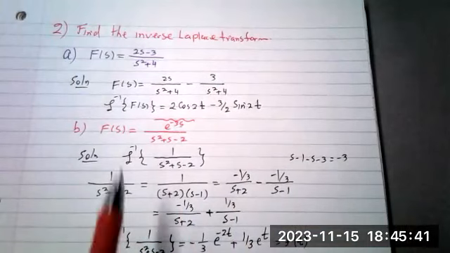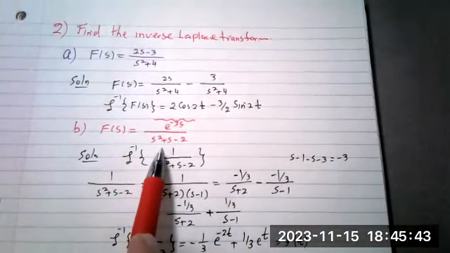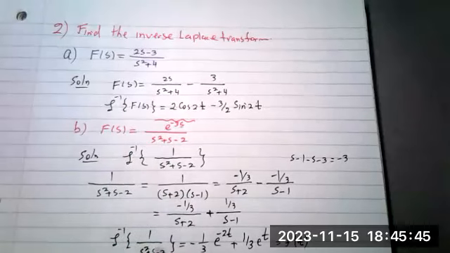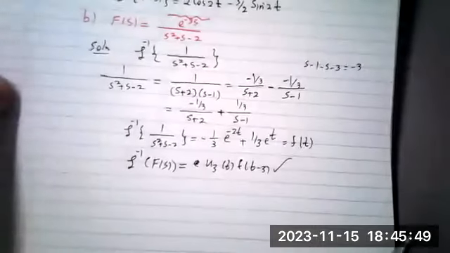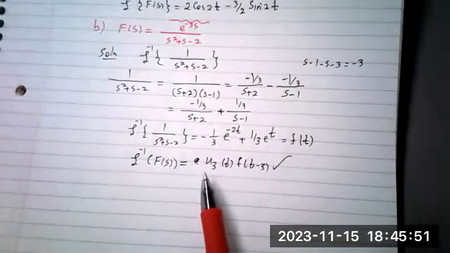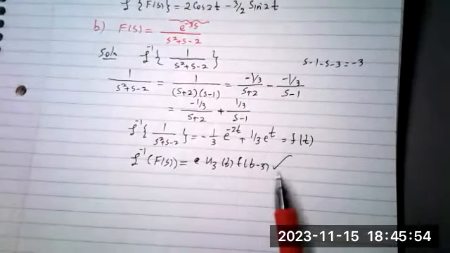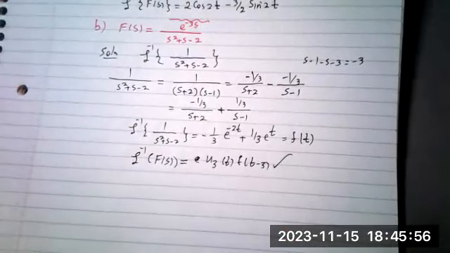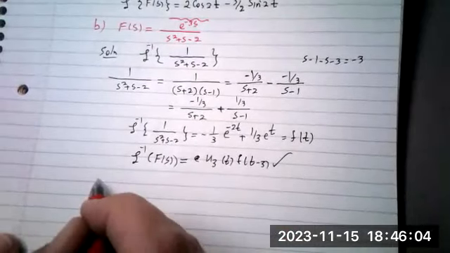So you take care of the leftover first, to be able to find your f of t. As soon as you find f of t, because of that translation, you end up with the u3t f t minus 3. That's a good indication. Now this is case 1 of this group. The case 2 is going to be this one.